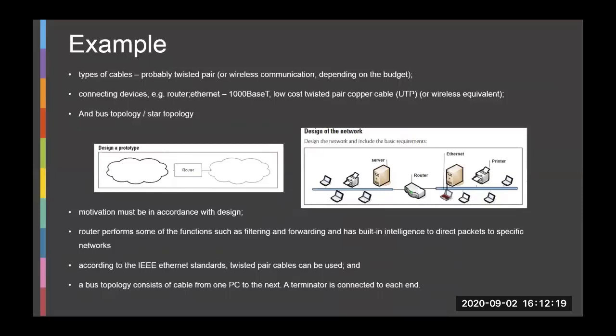What are the differences? So as you can see over there, they need to motivate in accordance with the design why they chose a particular setup or configuration, and they need to actually specify why the router was chosen, speak about standards and so on and so forth that you can see on the screen.